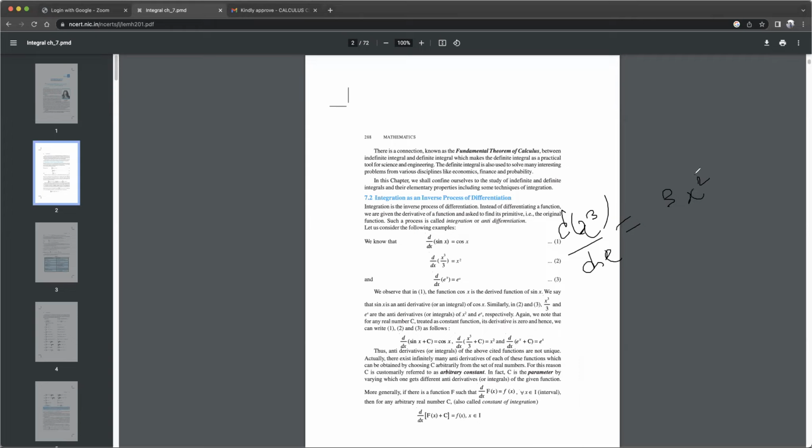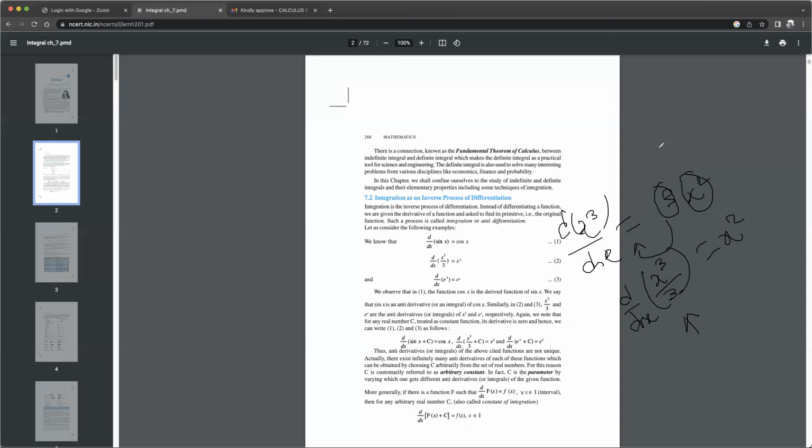Now, if we want to find the antiderivative of x squared, we have this extra 3 value here. So this actually goes under x cubed. That's why we get d by dx of x cubed by 3 is equal to x squared. So the antiderivative of x squared is x cubed by 3.